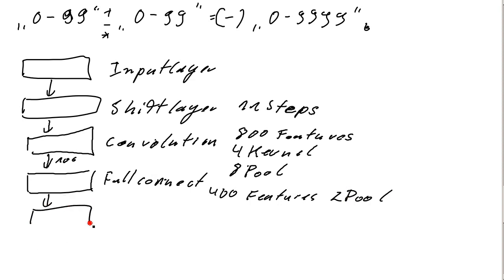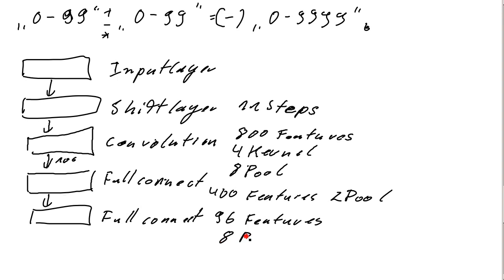Again, we have a next fully connected layer with 96 features or neurons and a pool of 8. And the result is 12 values. Unfortunately, it's not 100%. I have a correct rate of 54.3%. Here you can see that you can easily increase the benchmark, and you can make it much harder to learn for your network, and it's easy to create such benchmarks.